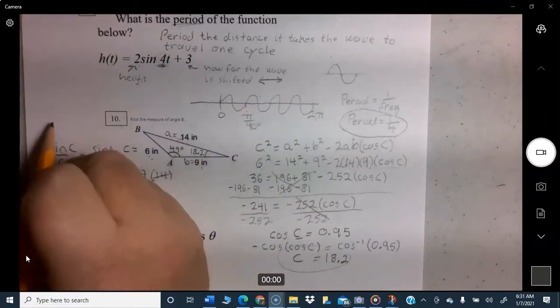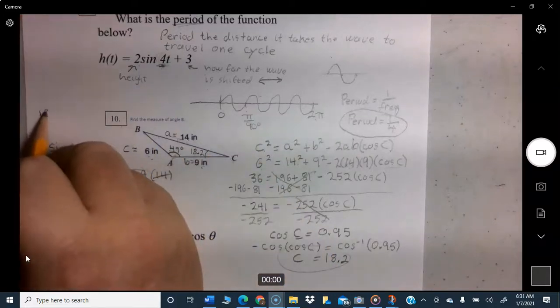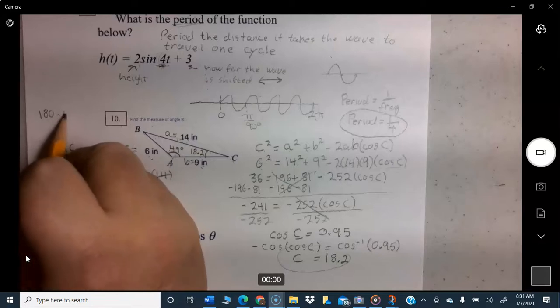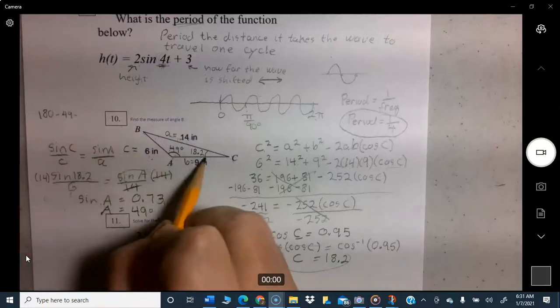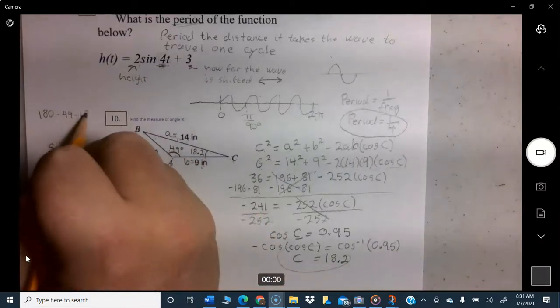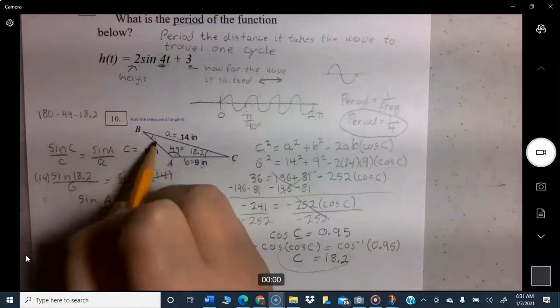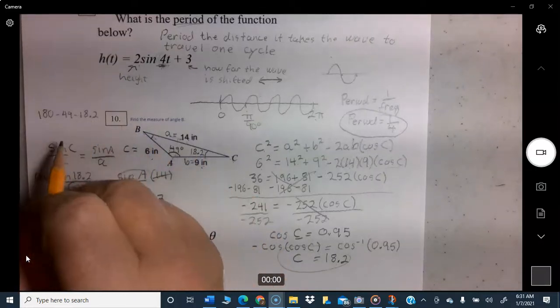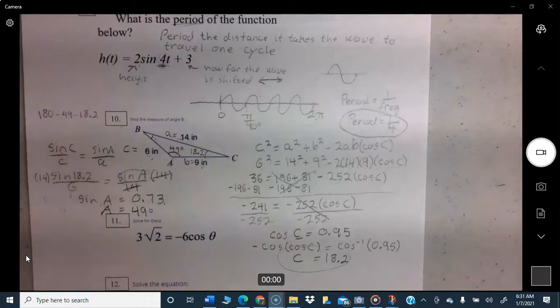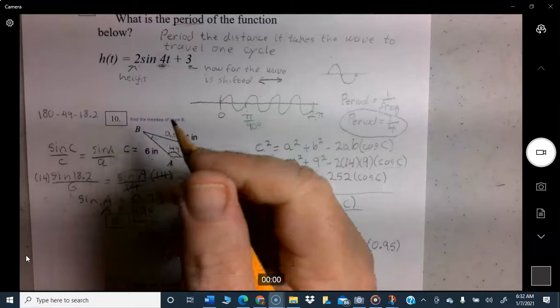All right, and then to get B, you simply say 180 minus 49 minus 18.2 is going to equal this angle, because all three of these have to add up to 180. So that's going to give you 112.8.